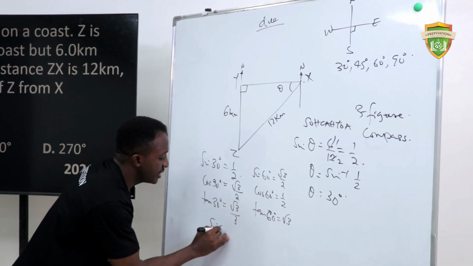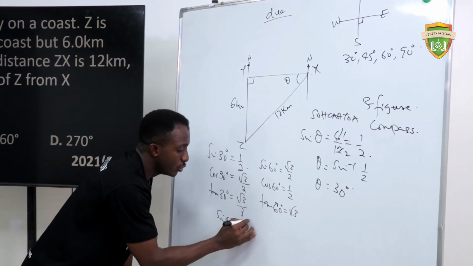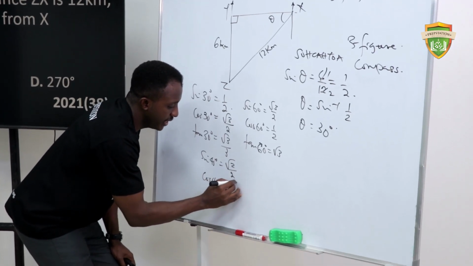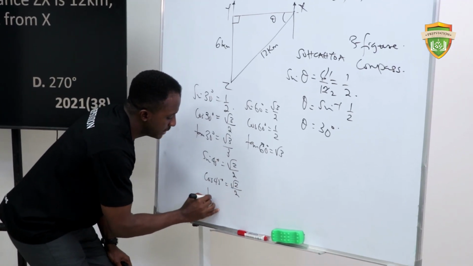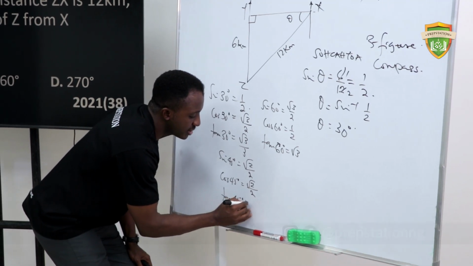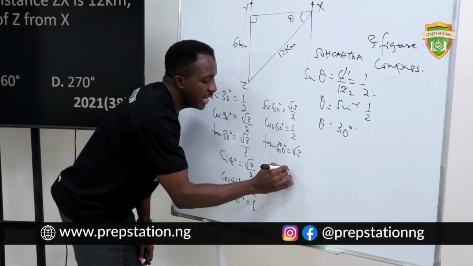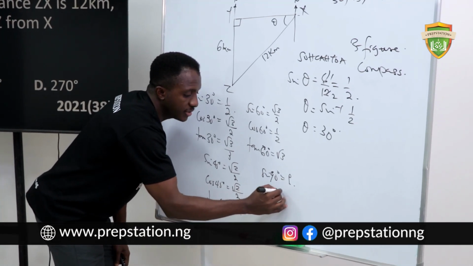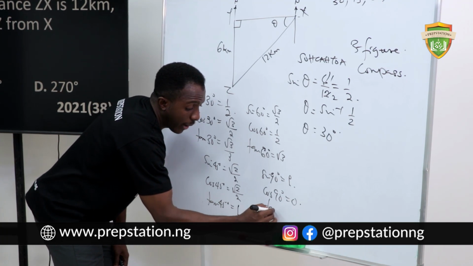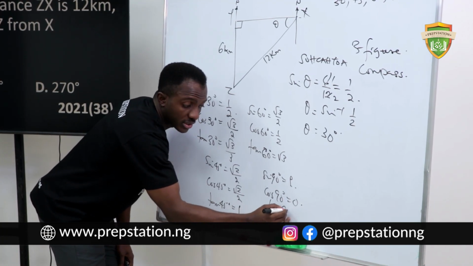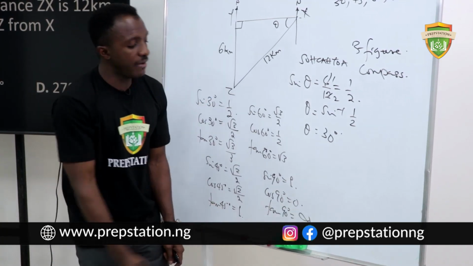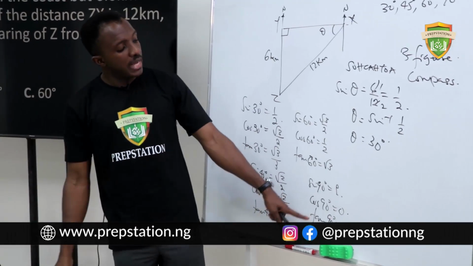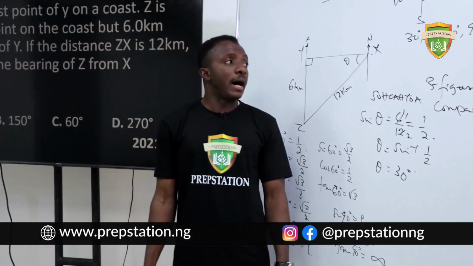Sine 45 degrees is root 2 over 2. Cos 45 degrees is root 2 over 2. And tan 45 degrees is 1. Sine 90 degrees is 1. Cos 90 degrees is 0. Well, you would not see questions on tan 90 degrees because you don't have an exact value. This is actually infinity. So nobody gives a question that has tan 90 degrees.